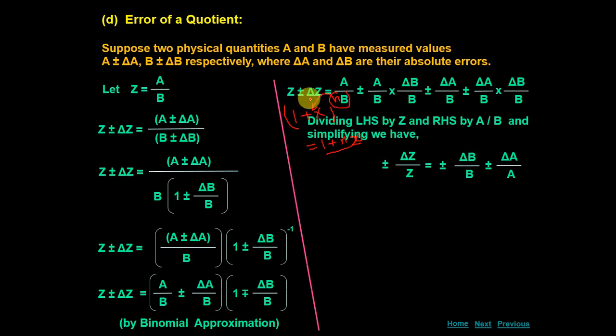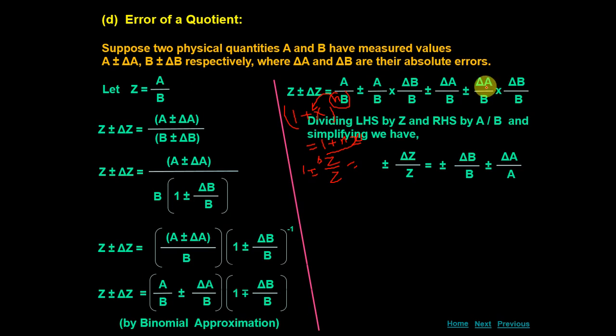You see, if this side you're going to divide with z, what you will get is 1 plus minus delta z over z, and on the other side you will get 1 plus minus delta b over b plus minus delta a over a, because a over b would be there, so b would get cancelled and a would remain here.